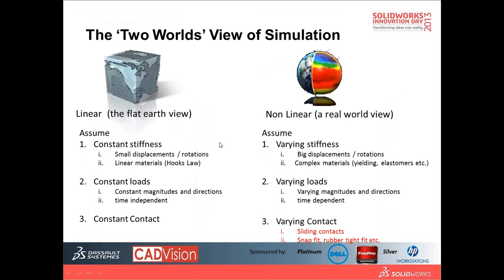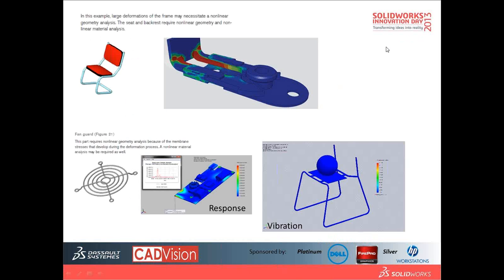Varying contact is very common in assembly, the interaction between parts. So we observe this kind of contact, and it has to be solved in nonlinear analysis. So we have gone through quite a few things.